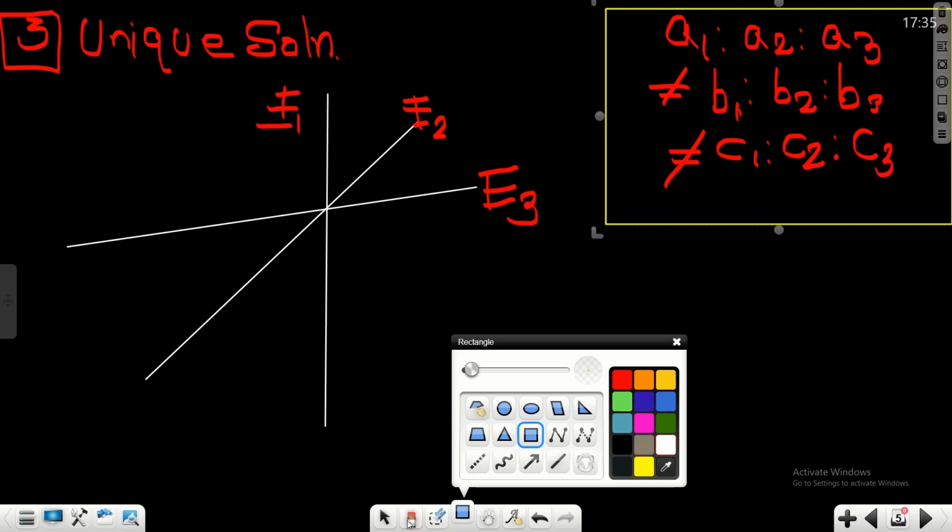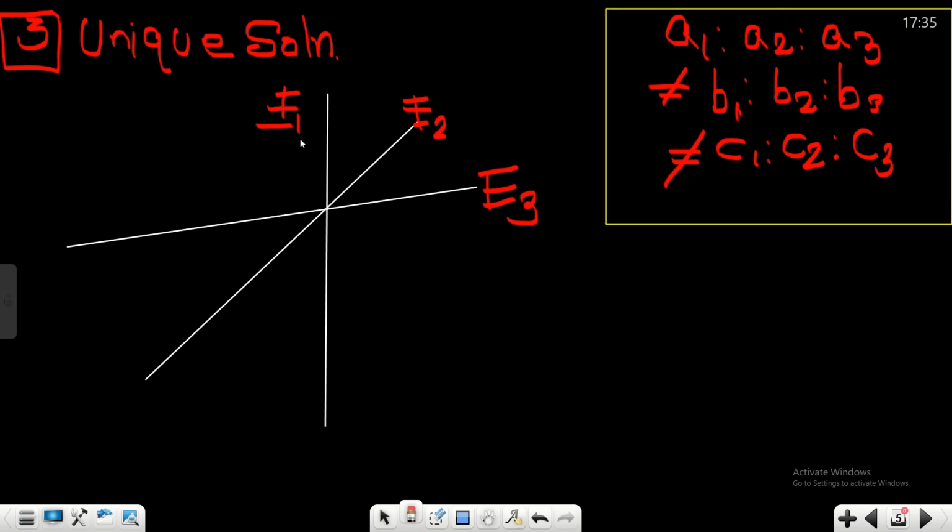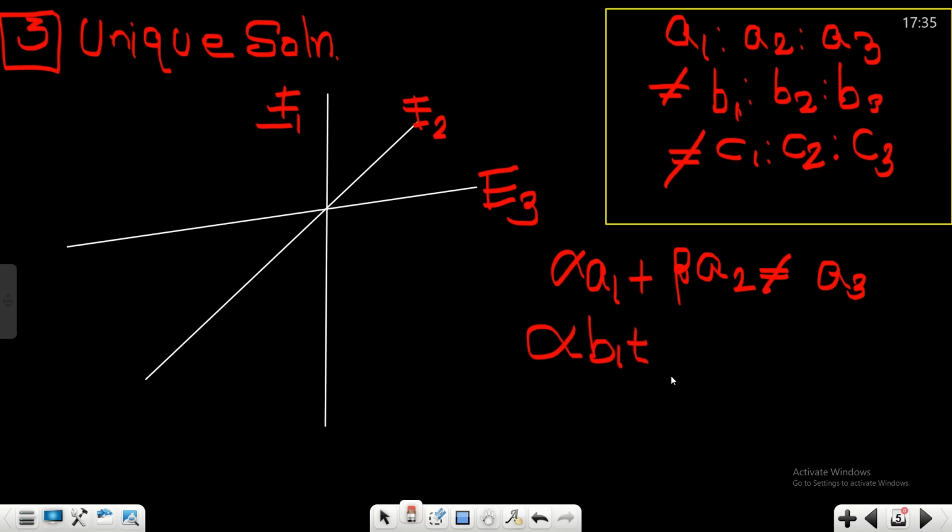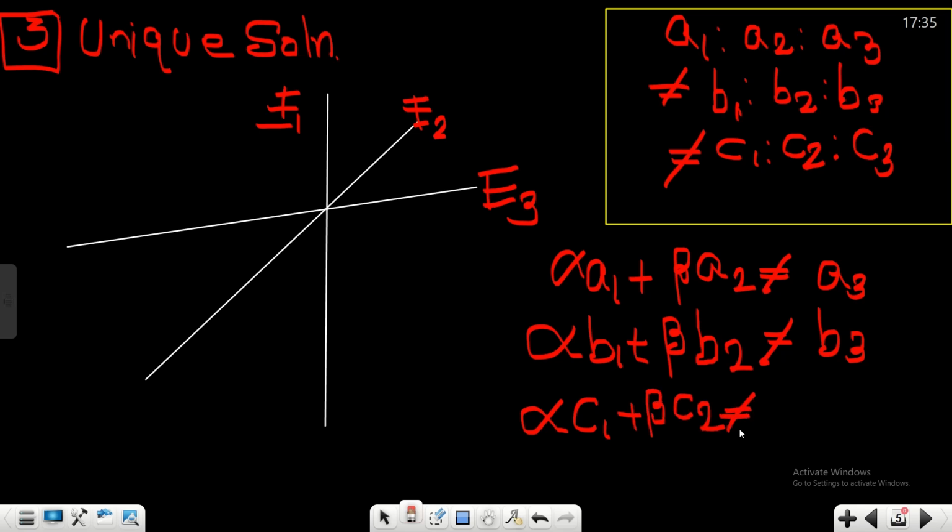Okay, and when it comes to expansion of this condition, it should be something like alpha times A1 plus beta times A2 should not be equal to A3, alpha times b1 plus beta times b2 should not be equal to b3, and alpha times c1 plus beta times c2 should not be equal to c3.